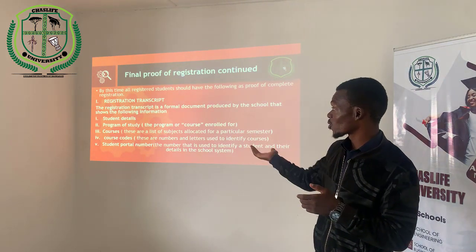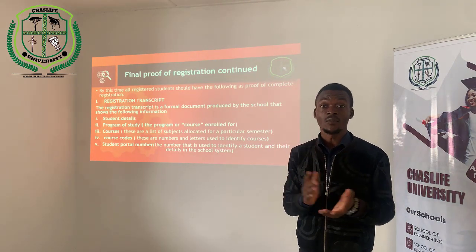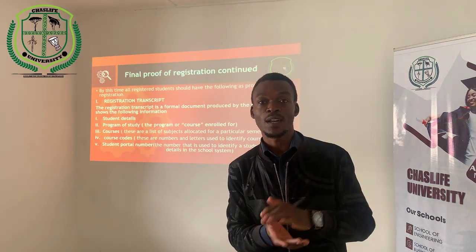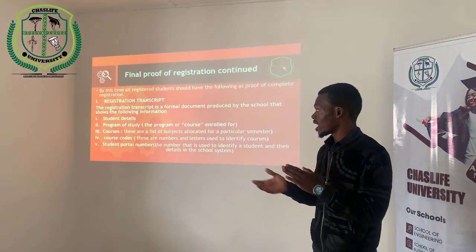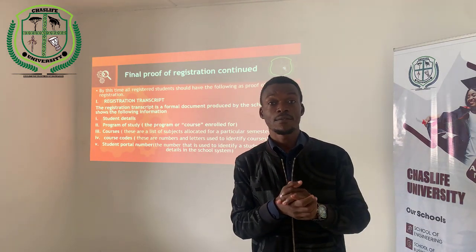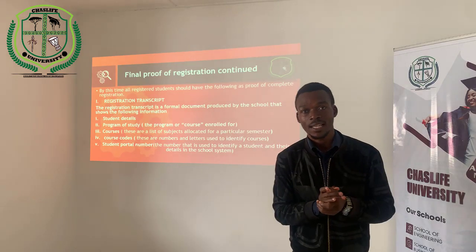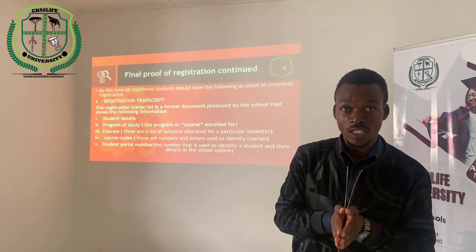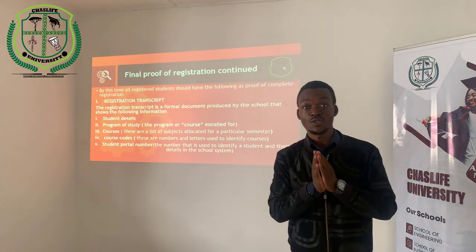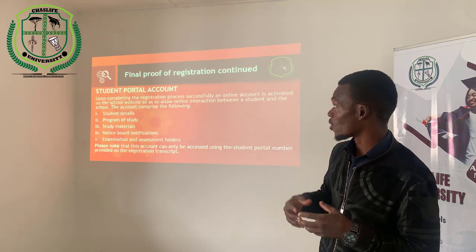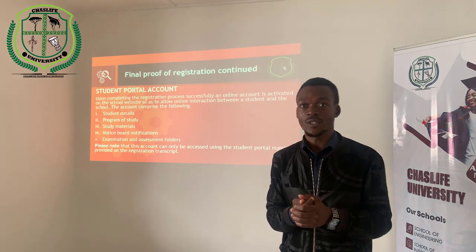It also reflects the course codes, or the abbreviations that come in the form of numbers and letters that reflect the courses that you're supposed to take. And then it will also have the student portal number or the ID number, which the school will use to identify a particular student once they are entered into the school system. So basically we've looked at the registration transcript and its contents.